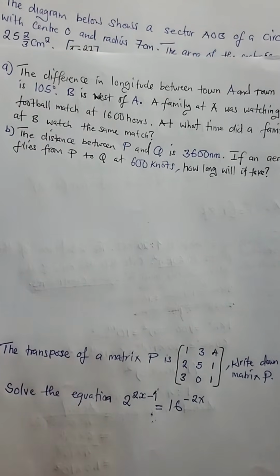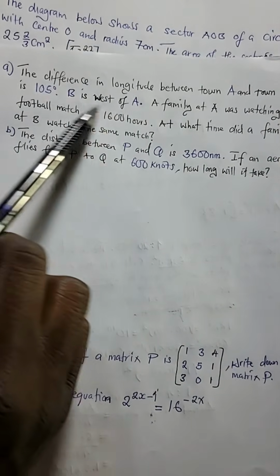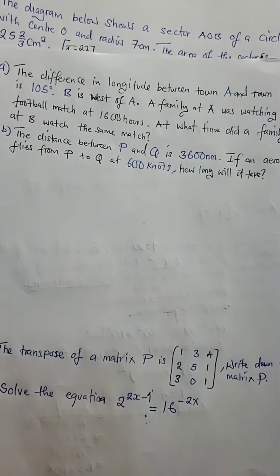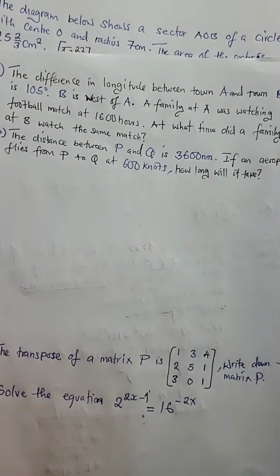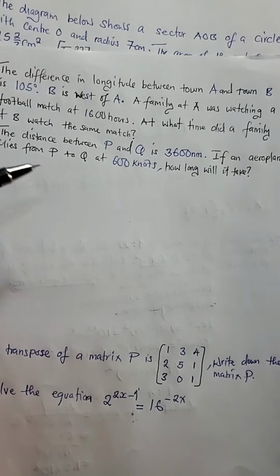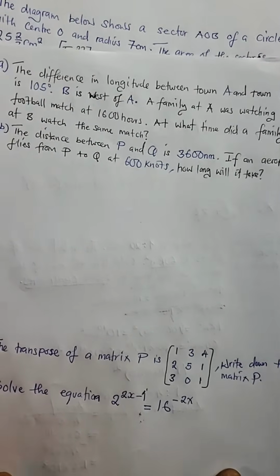All right, so B is west of A. This is important here. A family at A was watching a football match at 16 hours. At what time did a family at B watch the same match? This is simple, and this is just one mark.